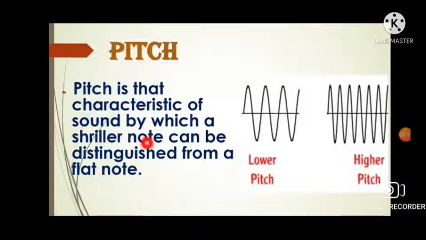A shriller note is a note which has more frequency compared to the flat note, which has less frequency. That is, the number of vibrations is more for a shriller note and less for a flat note, or a note with lower pitch.